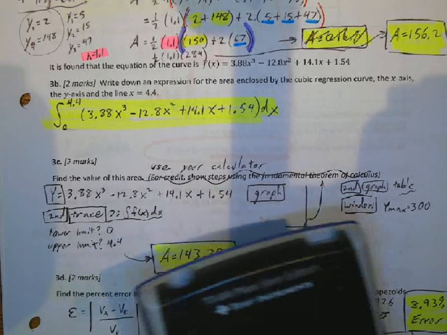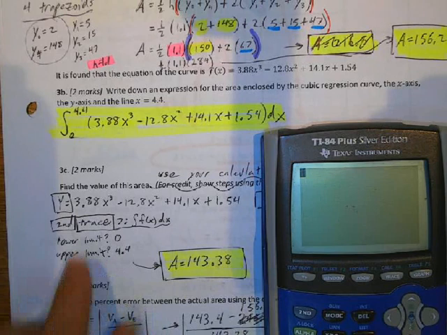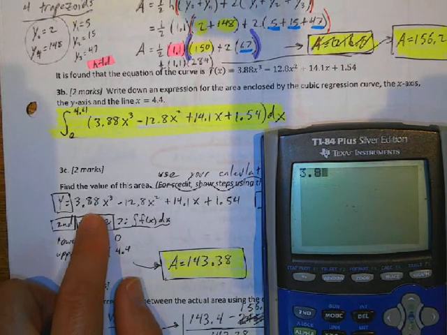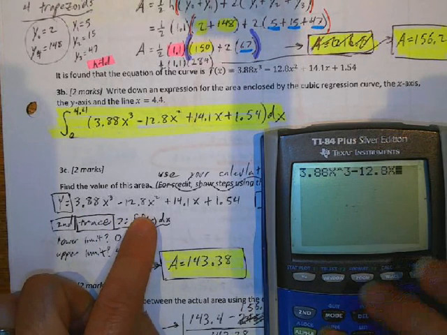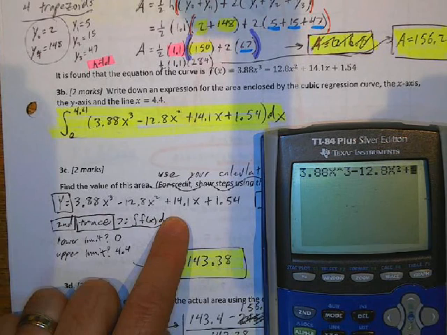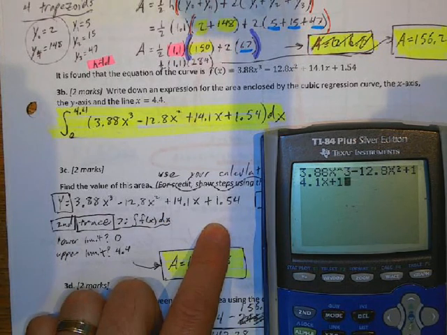What I did when I did this, let's do this one because I think you should see what happened to me. So if I do 3.88 x cubed minus 12.8 x squared plus 14.1 x plus 1.54. What am I doing?